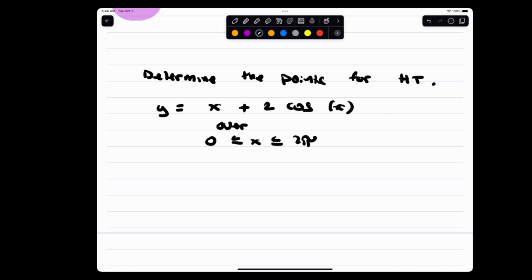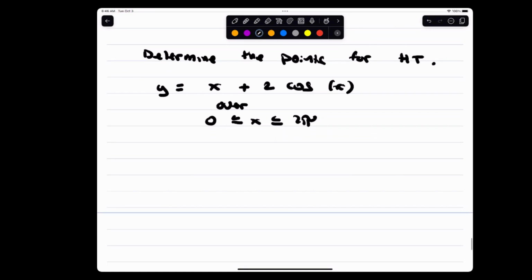Now, this is x plus 2 cosine x. So they want locations where you have a horizontal tangent. When you see this, you know what you think of? Set the derivative equal to 0 and solve for x.